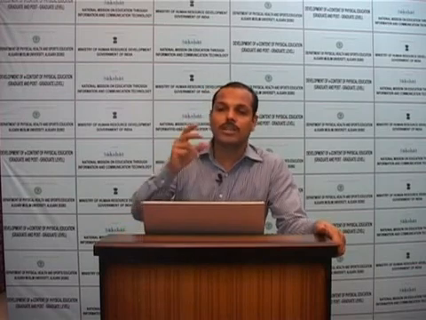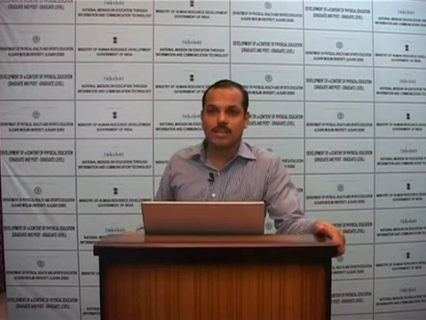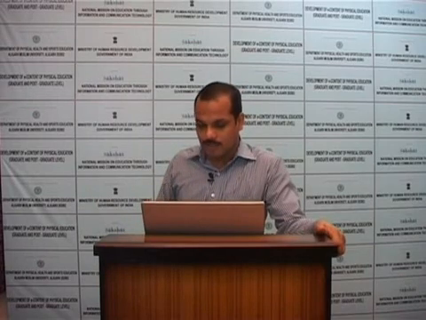The second layer is the middle layer. This consists of 2 muscles: quadratus plantae and lumbricals. And the third layer is the deep layer.